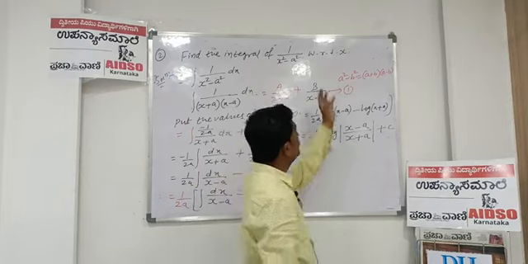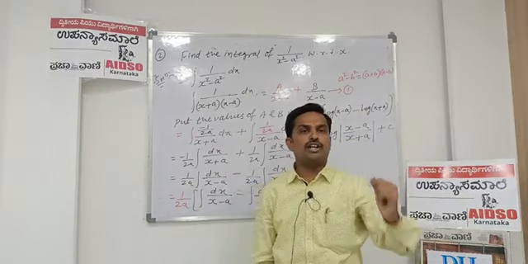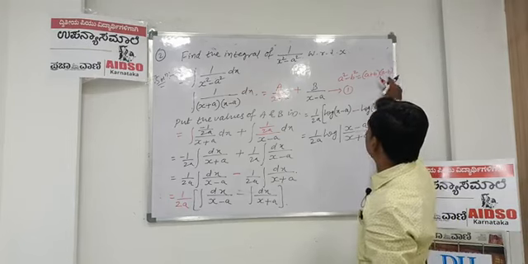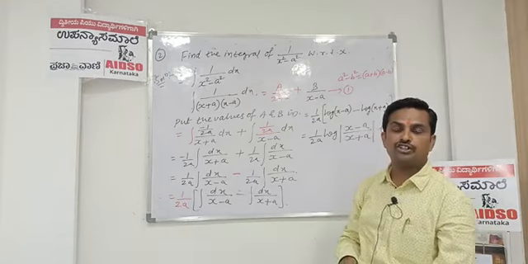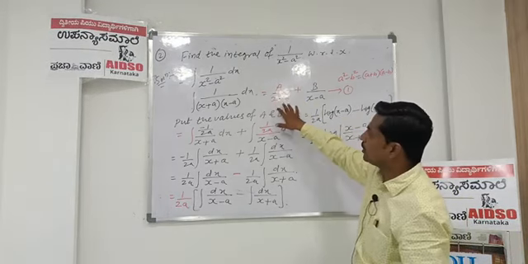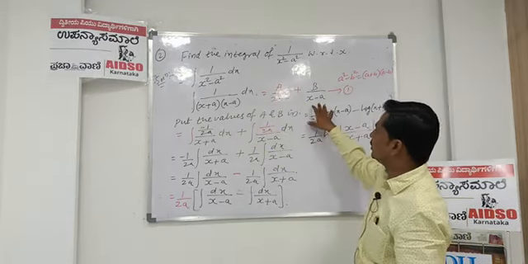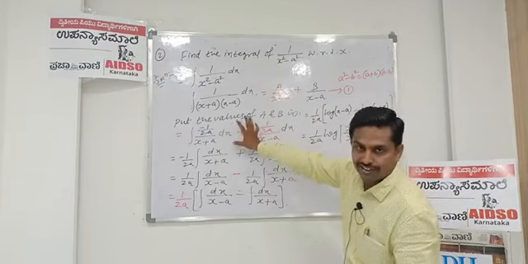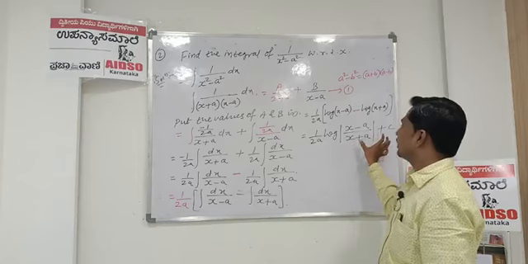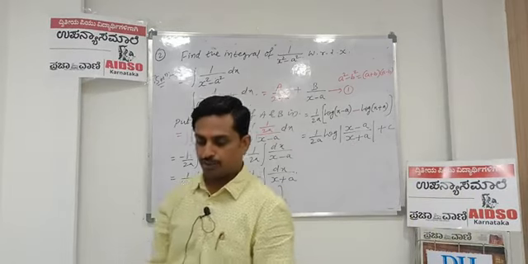So this is how we can simplify 1 upon x square minus a square by expanding it in the form of a plus b into a minus b, taking the two constants by partial fractions, a upon the first linear root x plus a and b upon x minus a, finding their values and integrating, we get the formula 1 upon 2a log of x minus a divided by x plus a.